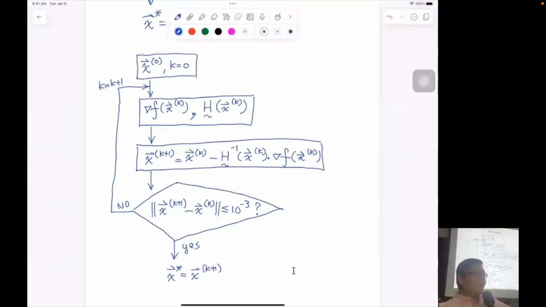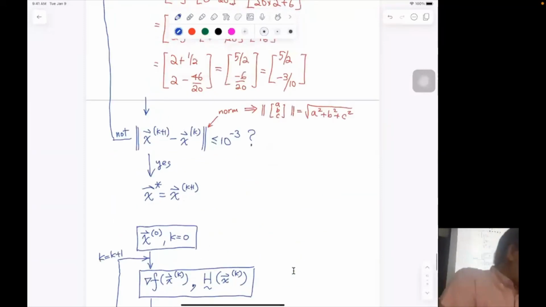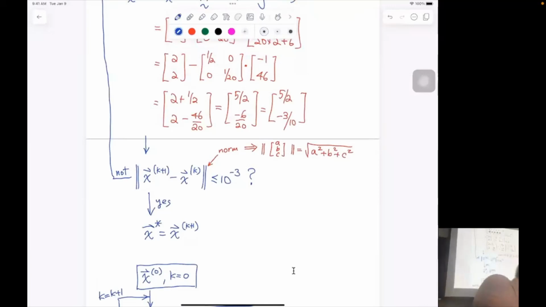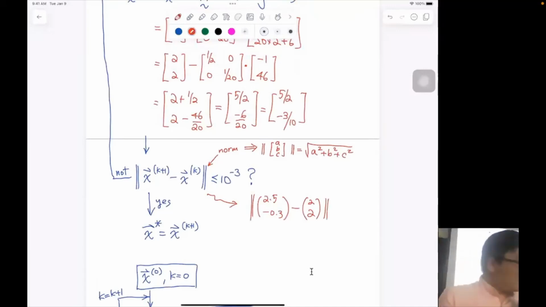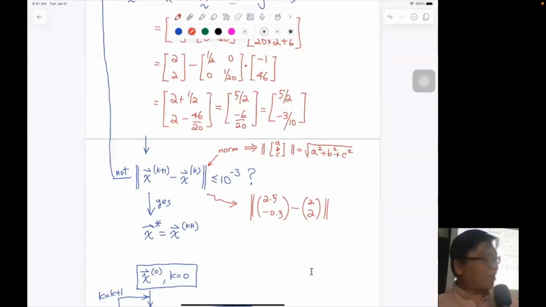So in the earlier design, let's try to put in numbers. So for the convergence check, I had 2.5, negative 0.3, minus 2 and 2, right? I'm pretty sure the resultant vector has a length greater than 10 to the power of negative 3.